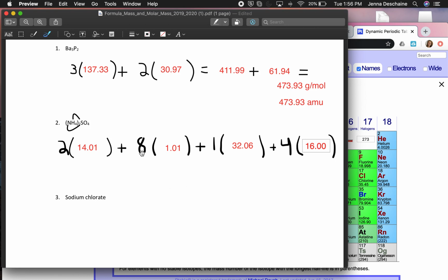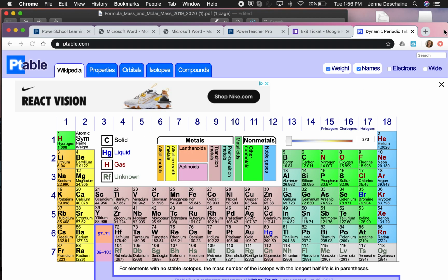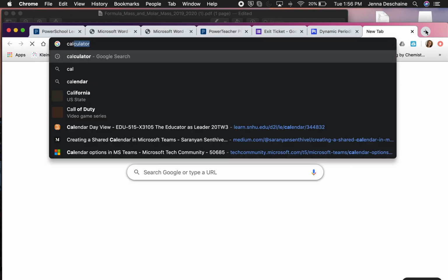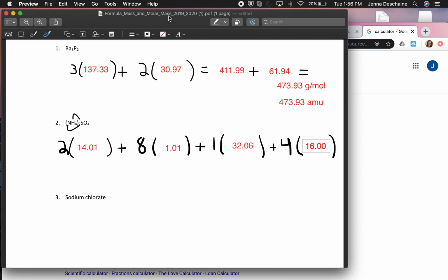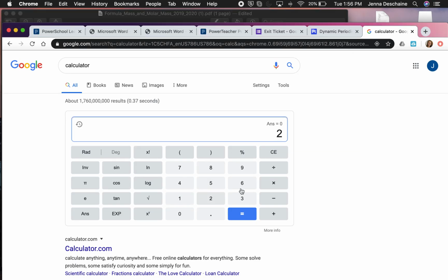All right? So I'm actually going to do this online so you can see it instead of doing it on my phone. So I'm going to have 2 times 14.01 plus 8 times 1.01.